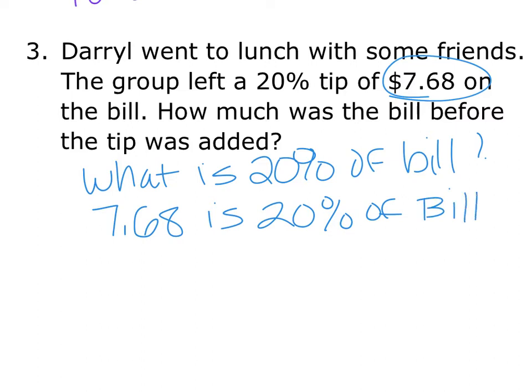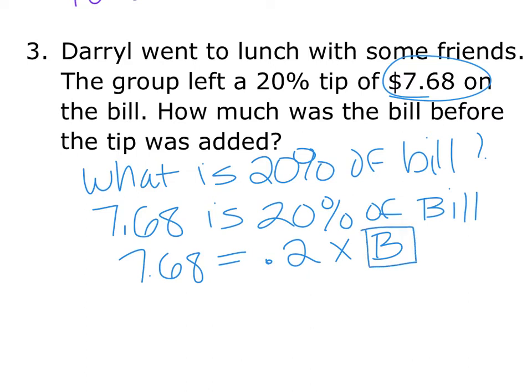So let's translate this into an equation with a variable. 7.68 is equal to 20%, which I'm turning into a decimal, times the bill. I'll just use a variable B for bill. So you can see in this problem, our unknown is on the same side of the equation with one of our knowns.